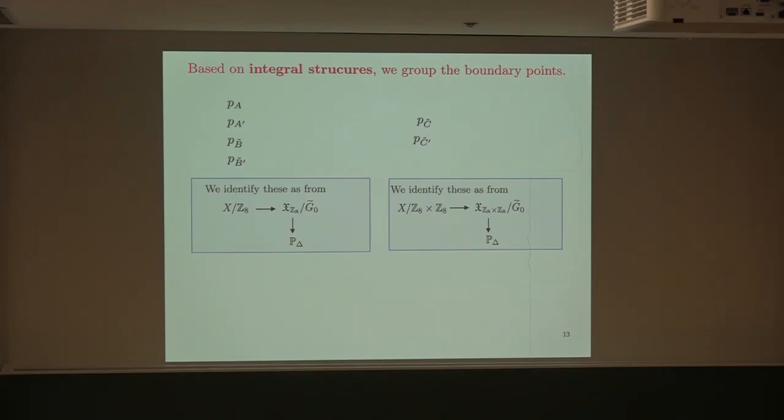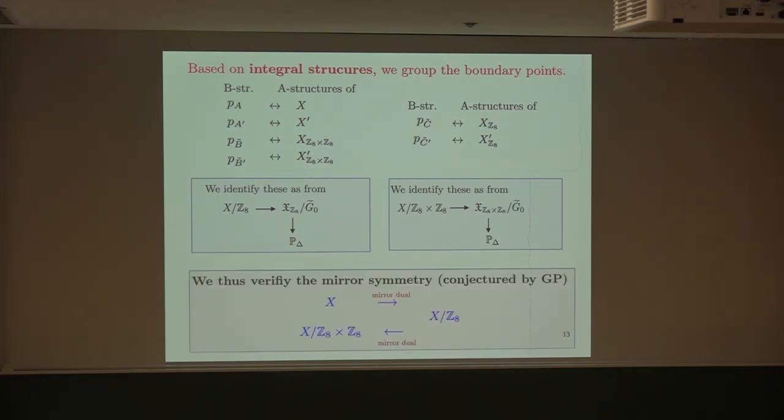And the claim is that, quickly, I identify this boundary point. As I explained, from the boundary point we can calculate the nilpotent action in lambda, and then based on that, I look for the mirror side, and I find that this fits into the A structure of X. The A prime boundary point fits to X prime, which is birational after the flop.